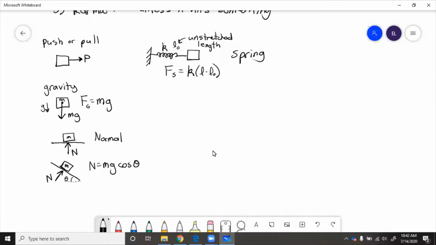Another type of force is centripetal force. This is when an object is moving in a circle. The centripetal force pulls it out of the circle, and then usually there's tension, say from a rope or something, pulling it in.